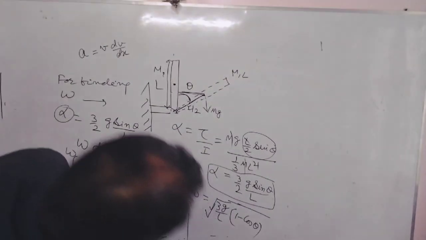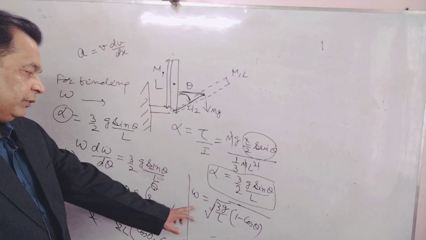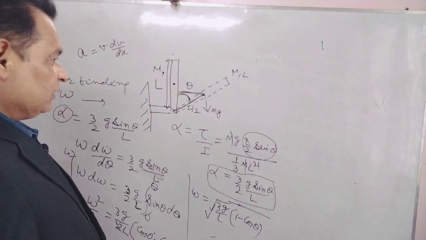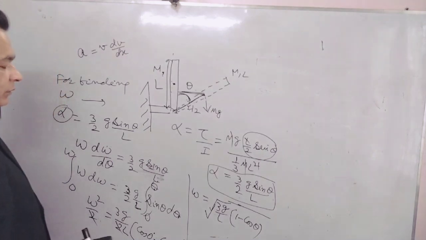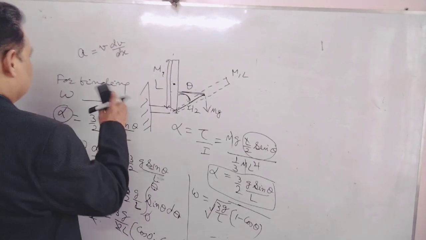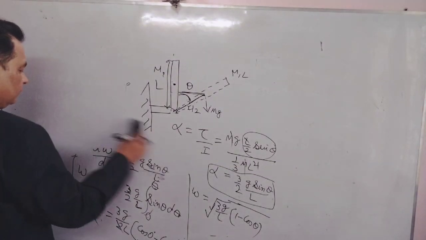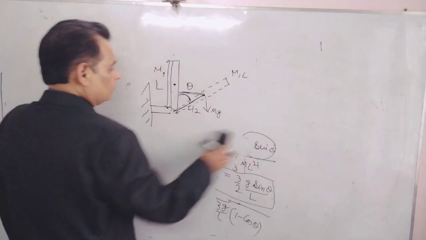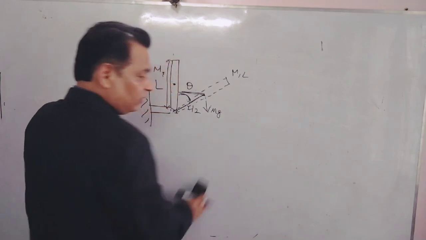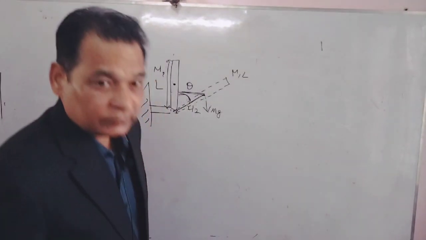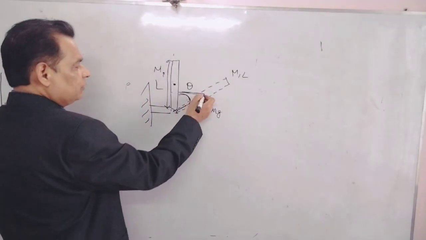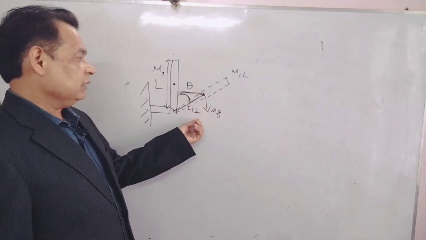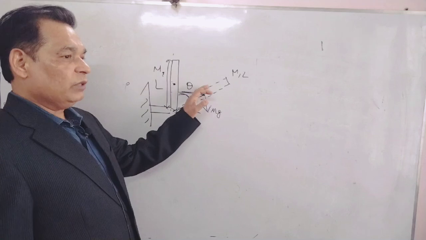This is one way. There is also another way in which we can find omega. We can use conservation of energy. The center of mass has linear velocity, and it also has angular velocity.